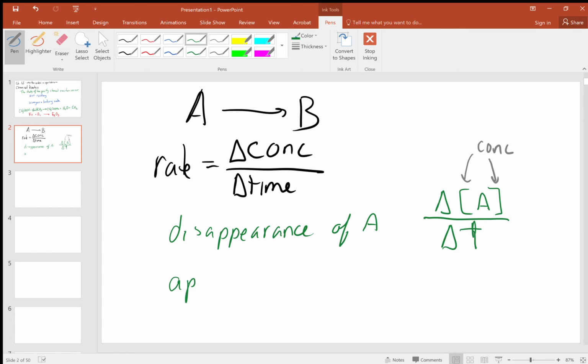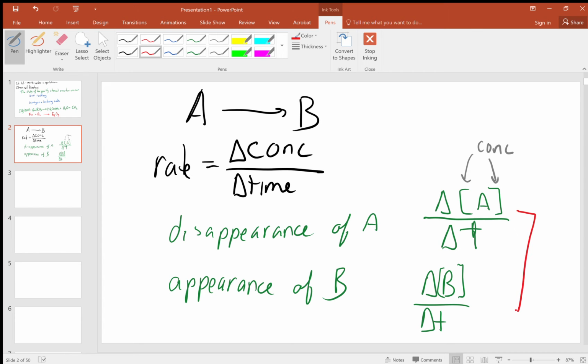We could also talk about a reaction in terms of the appearance of one of the products. In this case, that would be compound B. So we could talk about the change in the concentration of B over time. And these two values should be related. How would they be related?